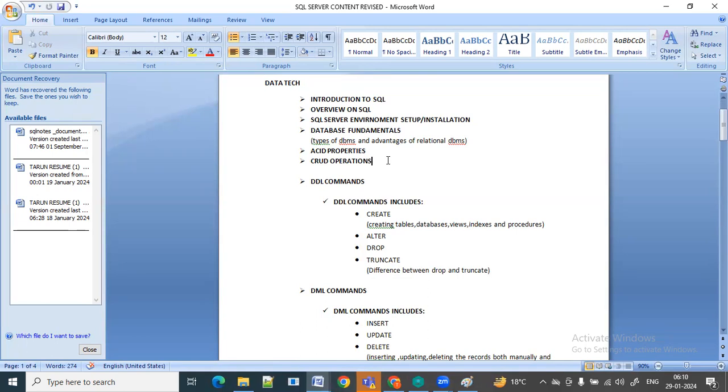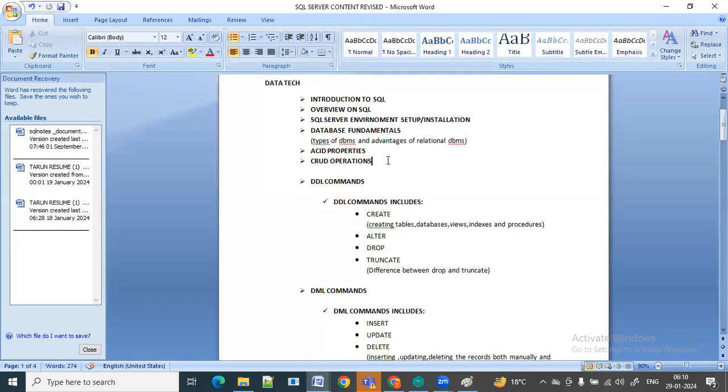Data modeling, you might have heard. If you want to visualize, if you want to develop a report, you need data modeling. If you want to have some ETL, you need data modeling. For that, fundamentals are mandatory.